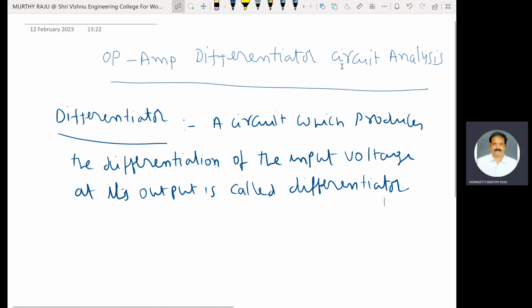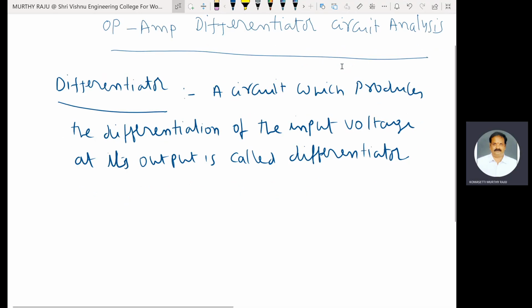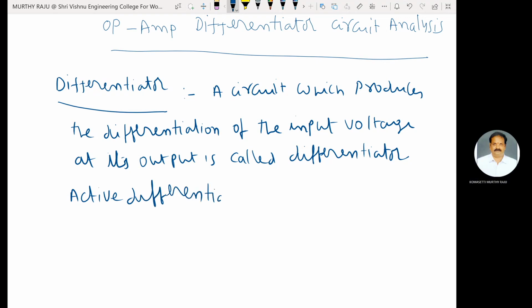Next one is a differentiator using an active device like an Opamp, which is called an active differentiator.